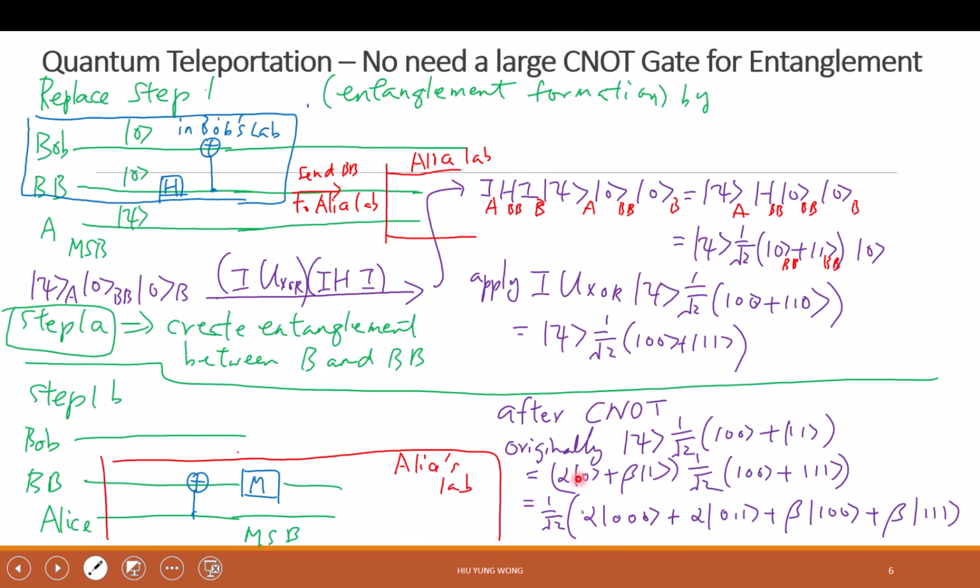Because I just expanded alpha 0, 0, 0, alpha 0, 1, 1, beta 1, 0, 0, beta 1, 1, 1. I get 4 terms. This is just the state after Bob has done the entanglement. Well, I have not done anything yet. Maybe I should remove this one so it won't confuse you. Okay, so we have these terms, right? Let me double check. Okay.